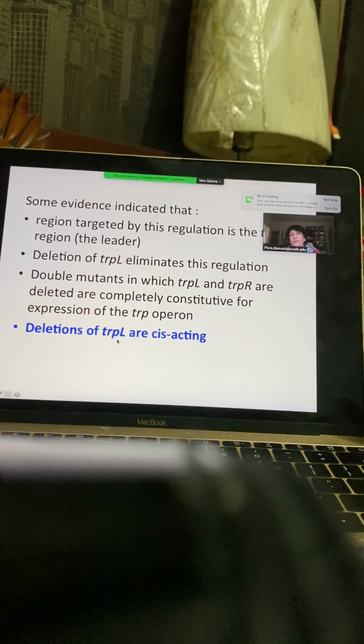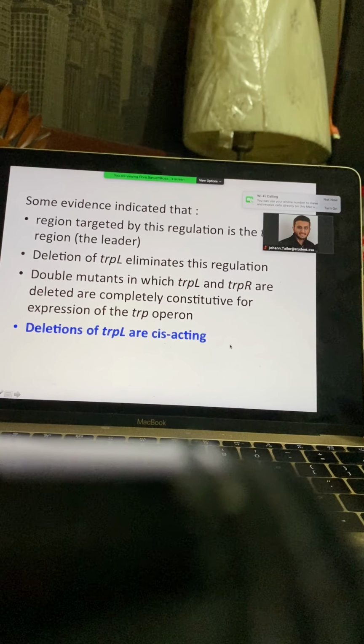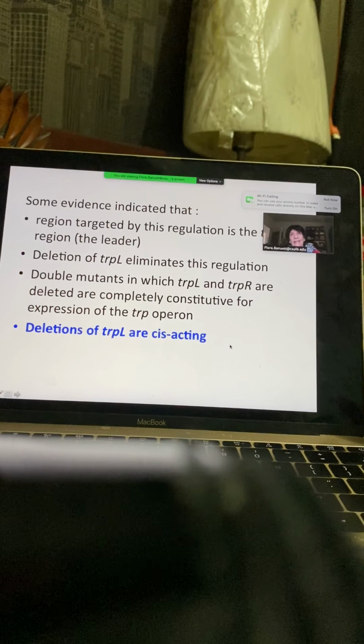Because if you do not have the TRP-L, but you have a repressor and tryptophan, it still is going to be able to bind to the operator and block RNA polymerase from binding. You do not have this mode of regulation that I'm going to describe in a moment, but you still have the repressor binding the operators and blocking transcription if there is tryptophan.